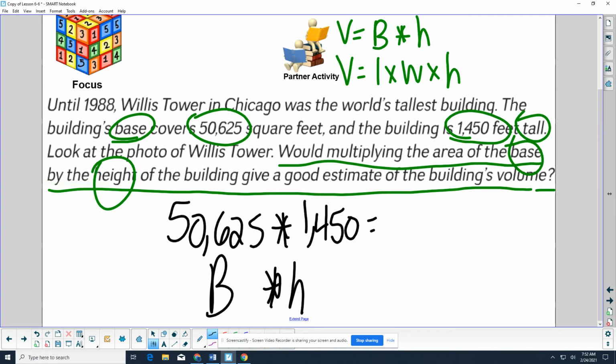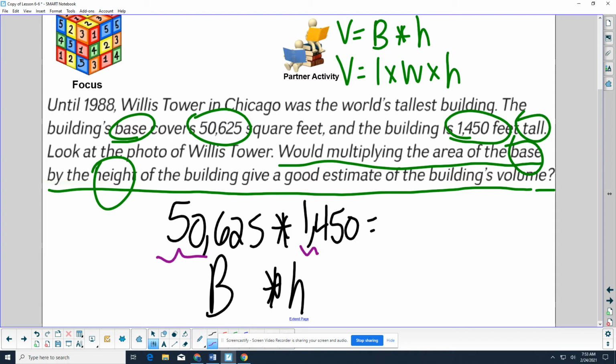Now, just even taking those numbers and estimating, I could say 50,000 times about 1,000. So I know I should be somewhere around 50,000, probably more than that because I have 625 times the 425. So I would estimate somewhere between 50 and 60,000.